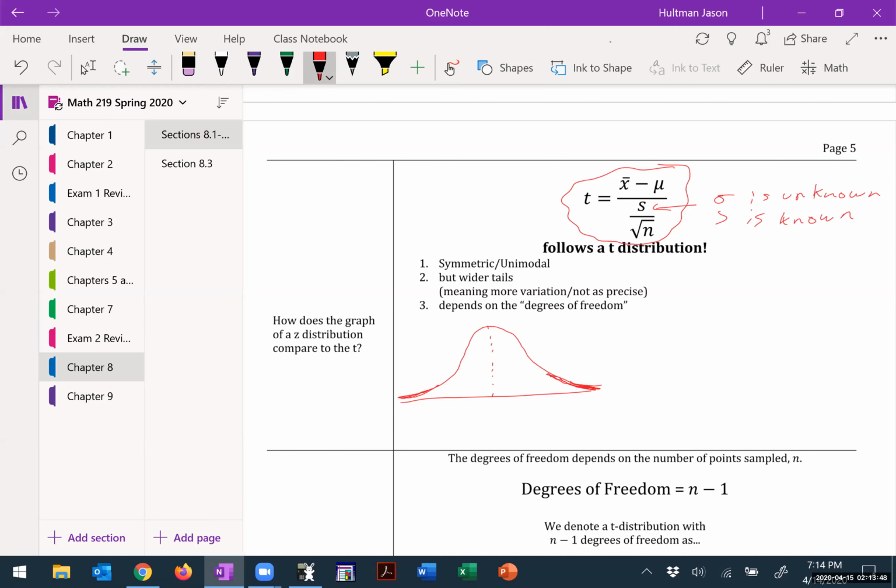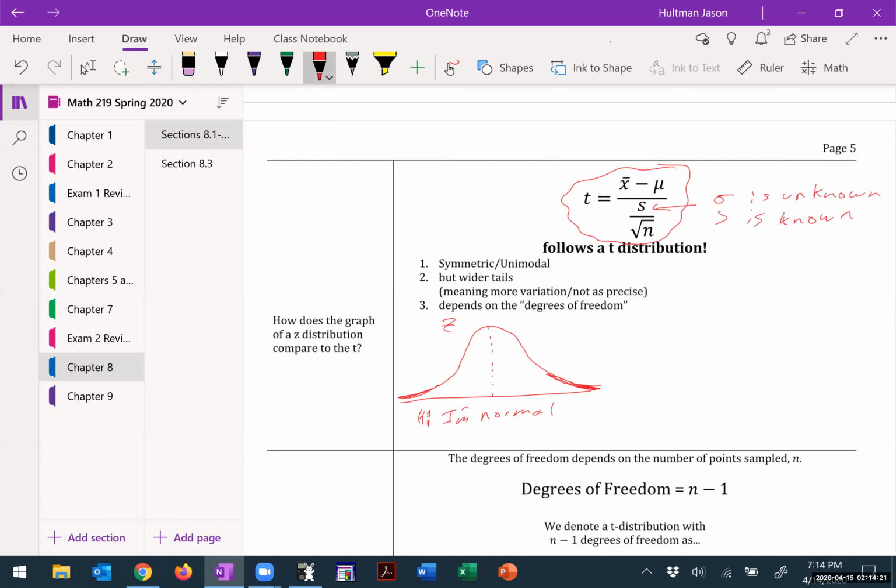So here is Z. There's your nice Z distribution, your normal distribution. It says, hi, I'm normal. That's what this distribution is saying. Hi, I'm normal, just like SpongeBob.